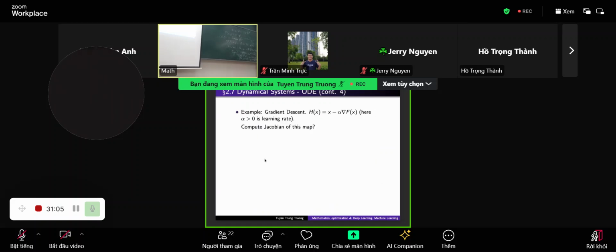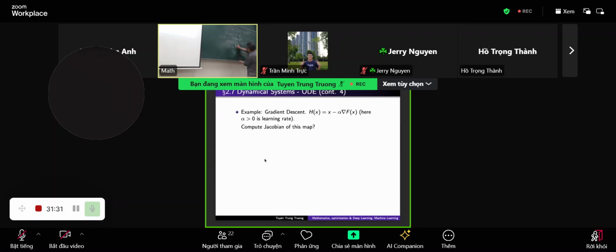And I will illustrate with gradient descent. This is x. And gradient descent is you apply x. If you put x in, your x_{n+1} must be x minus alpha gradient f of x, right? So what is the gradient? And you want to compute the Jacobian of this map. So what is the Jacobian?